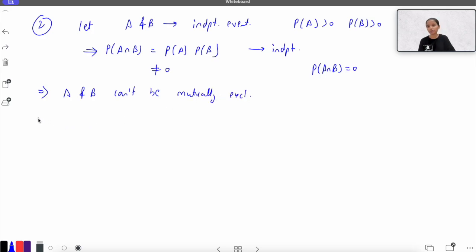So you can say that two independent events can't be mutually exclusive. Got my point?